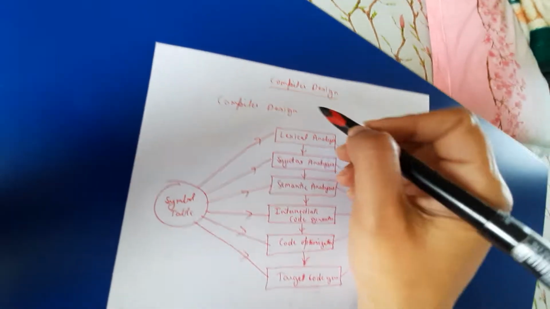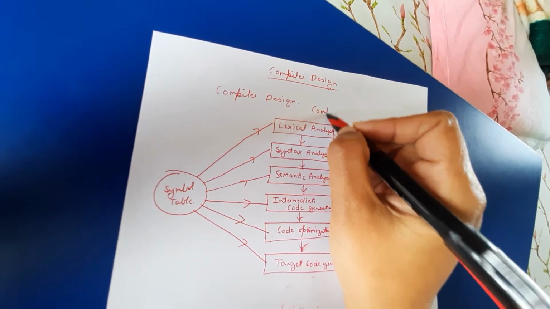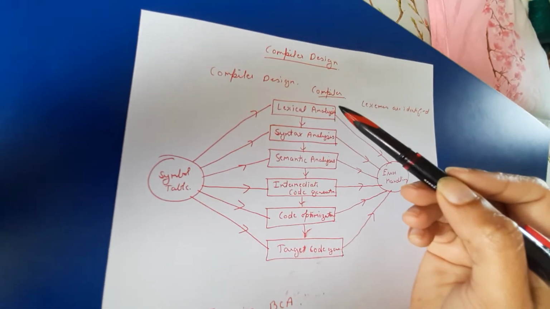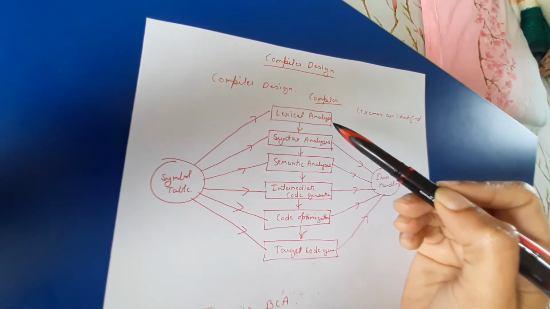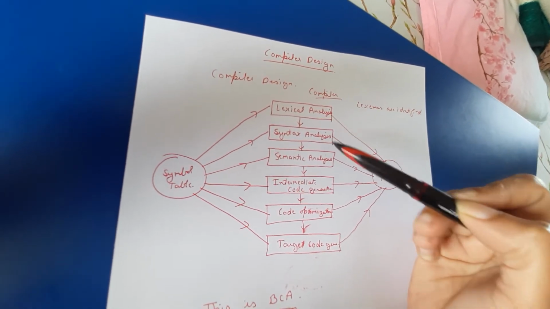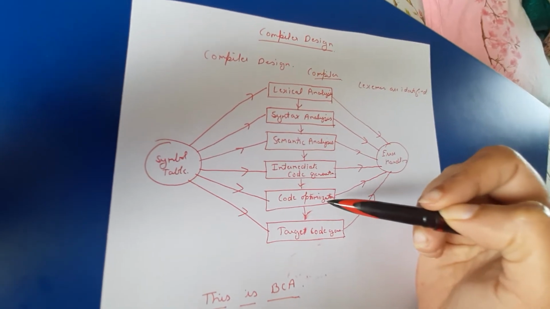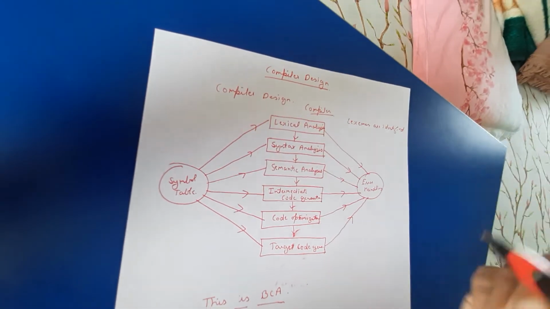A compiler is comprised of these layers. First is lexical analysis, then syntax analysis, semantic analysis, intermediate code generation, code optimization, and target code generation.